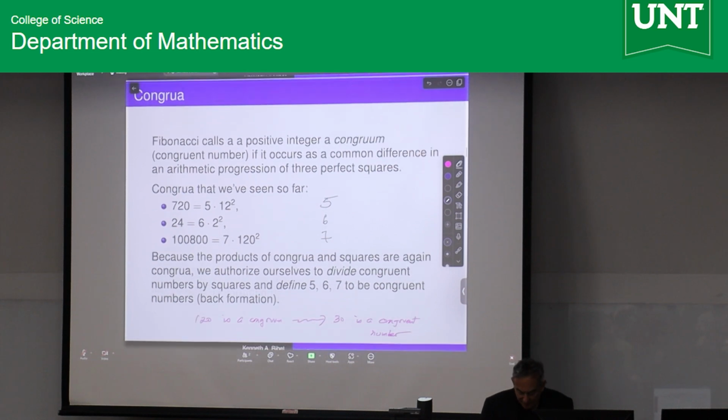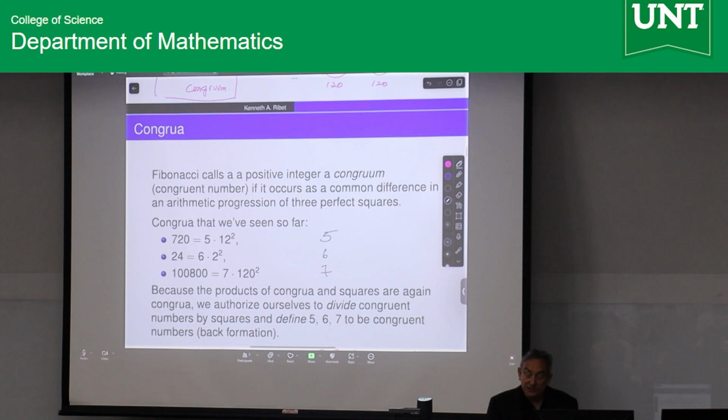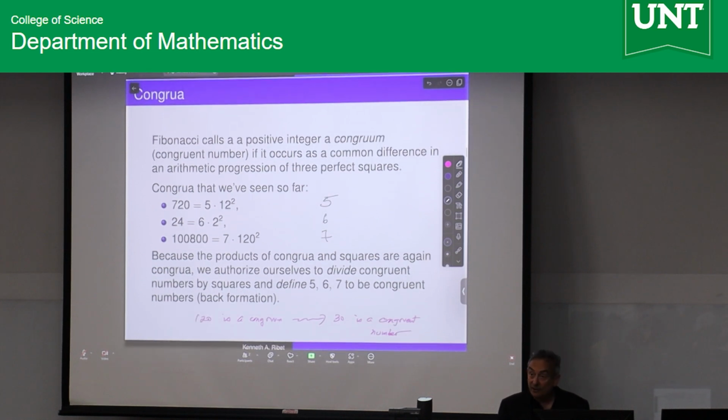And so the whole business is that this talk is really about those square-free numbers that can be obtained by this process, the congruum. And we see that 5, 6, and 7 are such numbers, but we could ask, what about some other numbers?